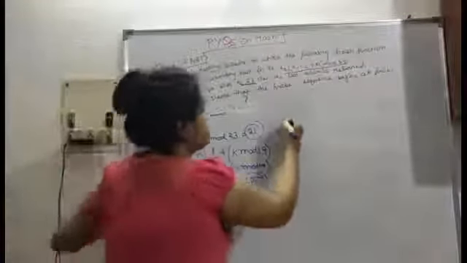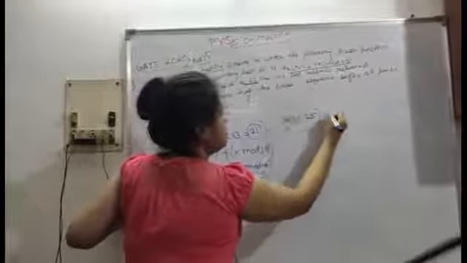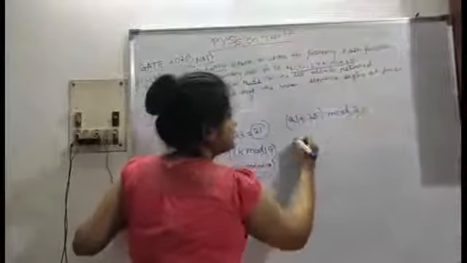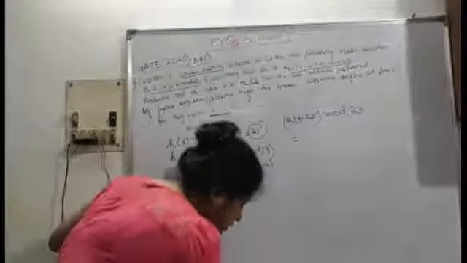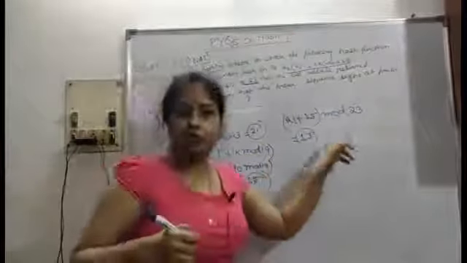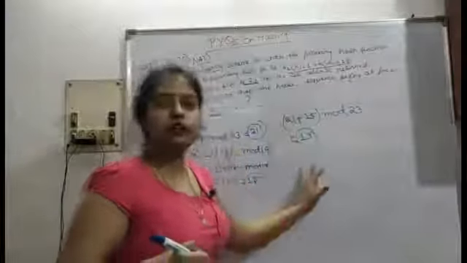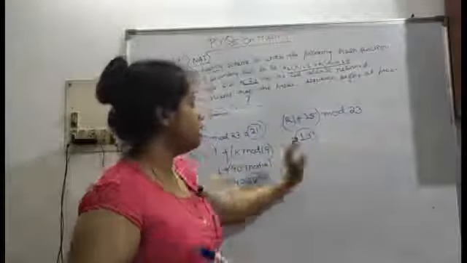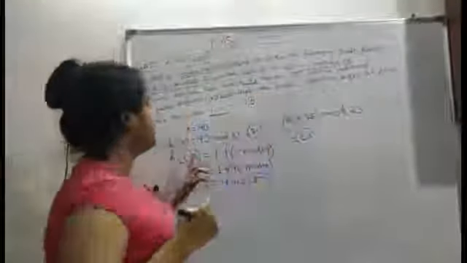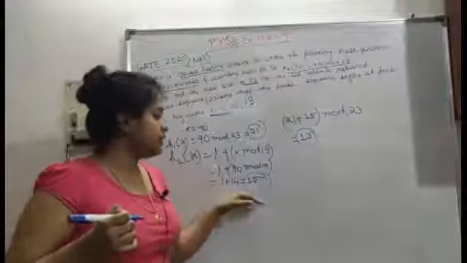Okay, so 21 plus 15 mod 23 comes as 13. So the mod function, you don't have to worry because it is already present in the calculator. You just put mod of that number and you will get the answer. So our answer is 13. So double hashing, no need to worry. This is a very interesting question, so that is why I have taken it.